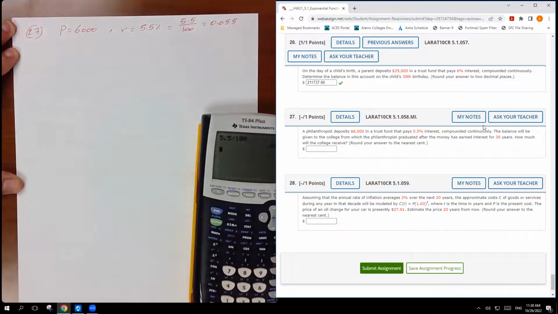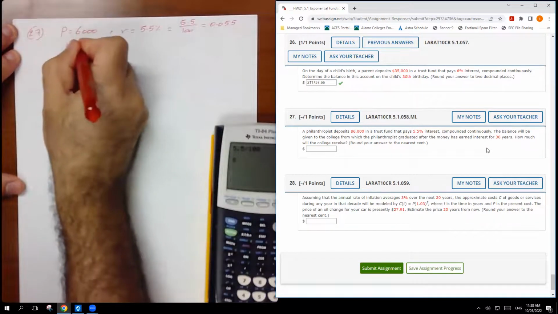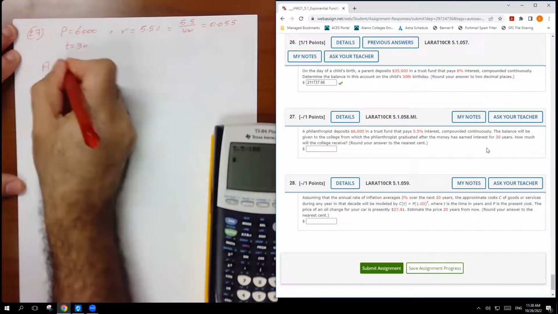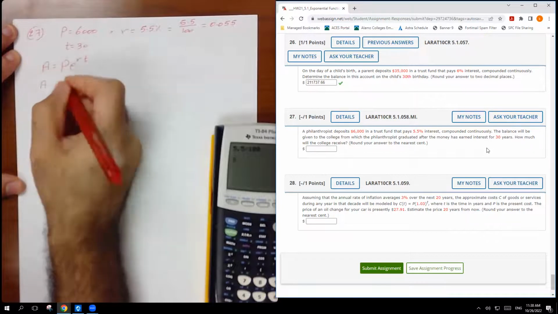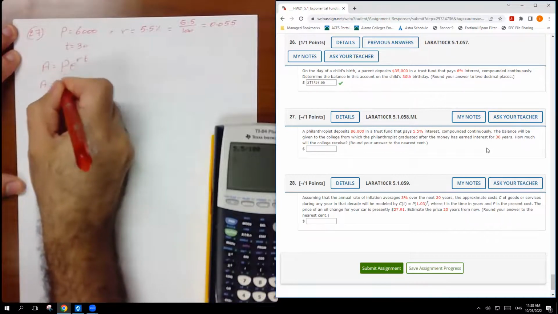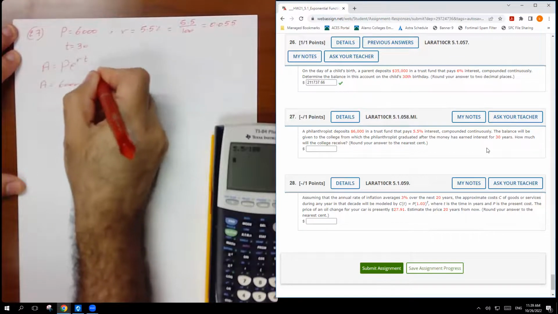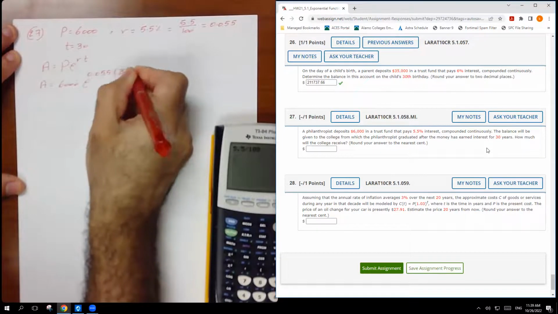Compounded continuously. The balance will be given in the college after 30 years. So our time is 30 years. That means A equals Pe^(rt). The balance is going to be P, which is 6,000, e, the rate is 0.055, and the time is 30.